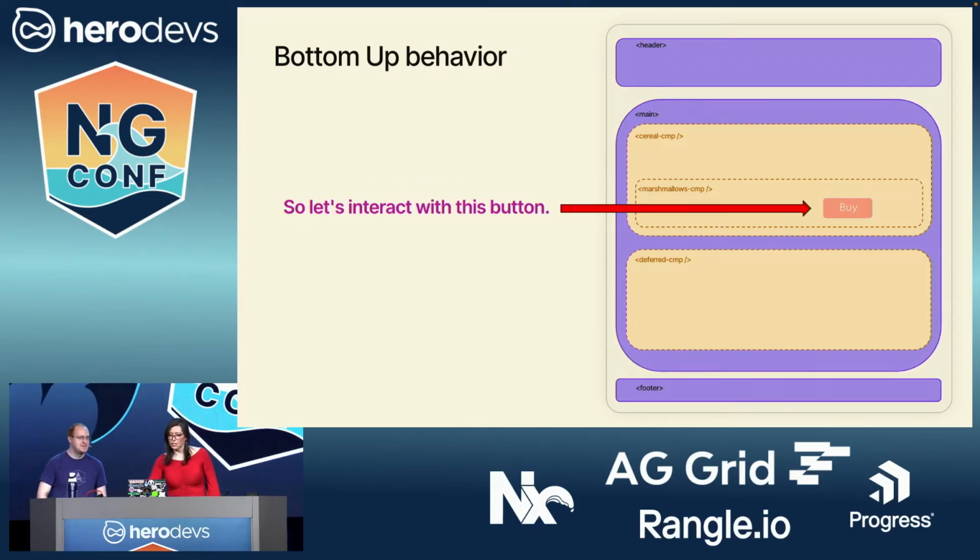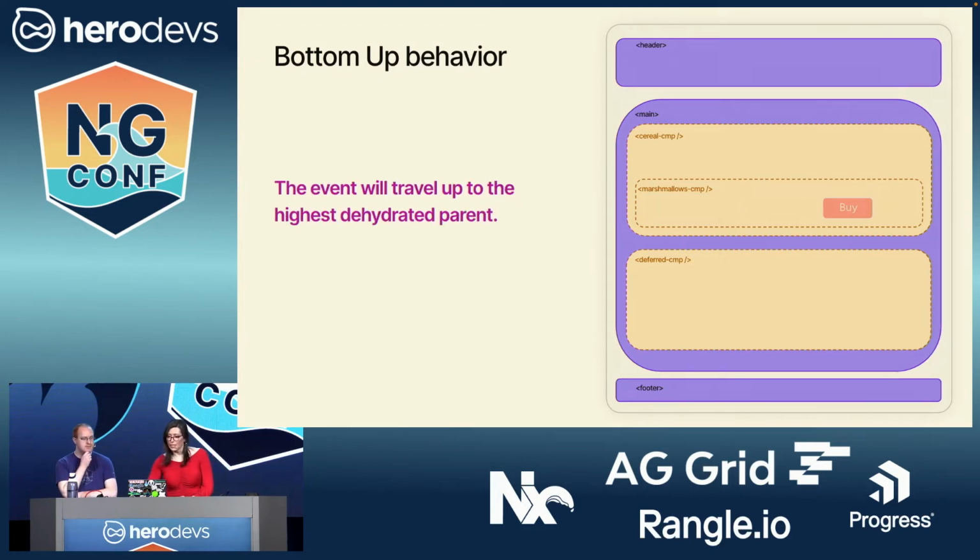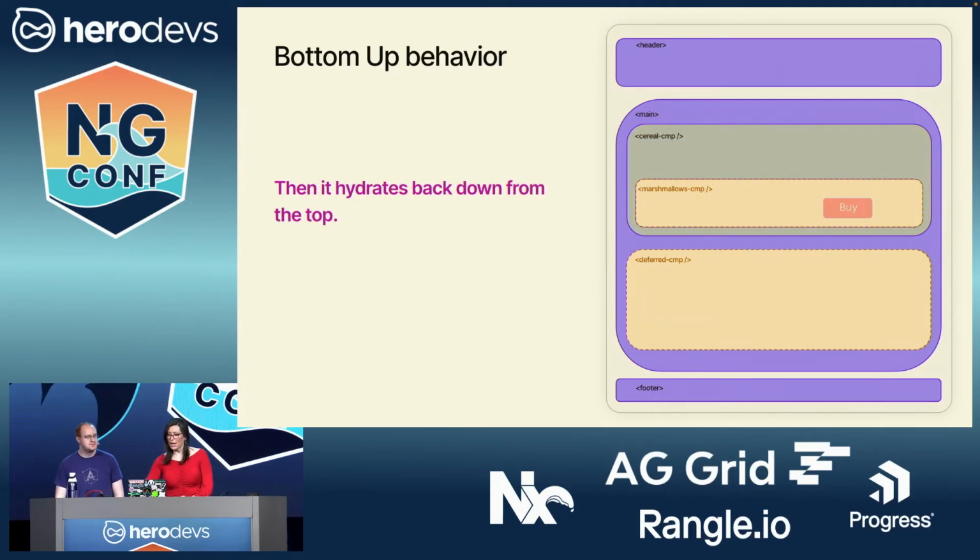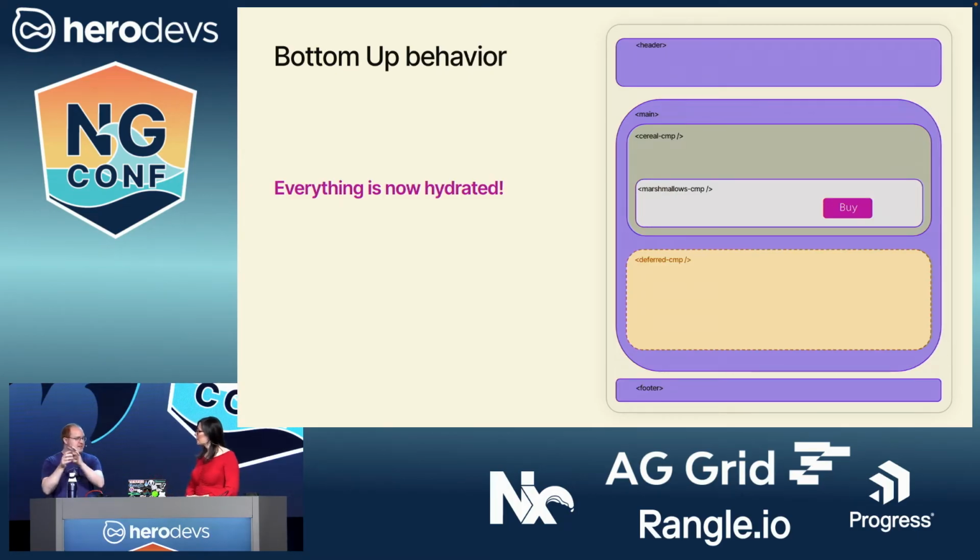So in this situation, if someone tries to interact with that button, the event itself of the interaction will travel all the way up to the highest defer block parent, and then trigger that defer block, and then cascade back down to the element that you clicked on, hydrating along the way. Since this button's already there, we don't need to render just to get it there. We can already click on it, walk up that tree, and then hydrate back down.